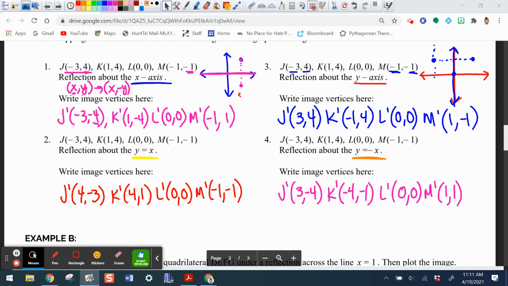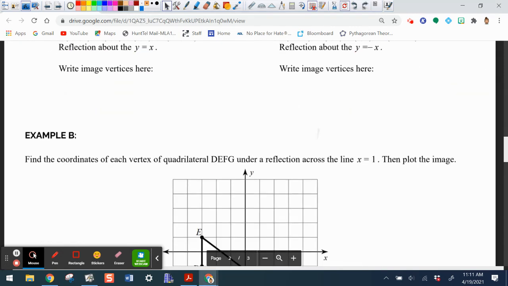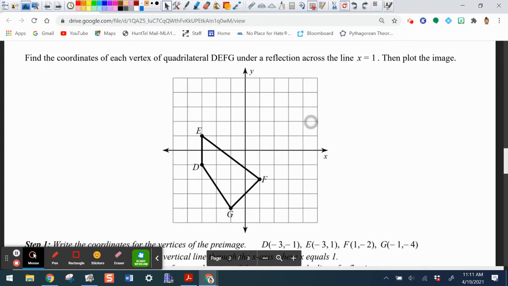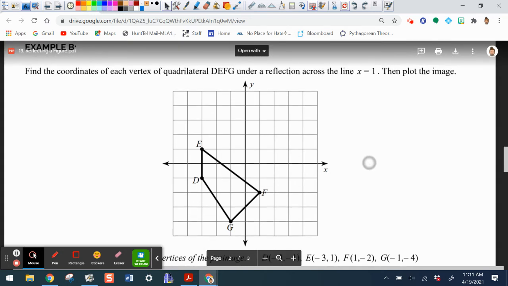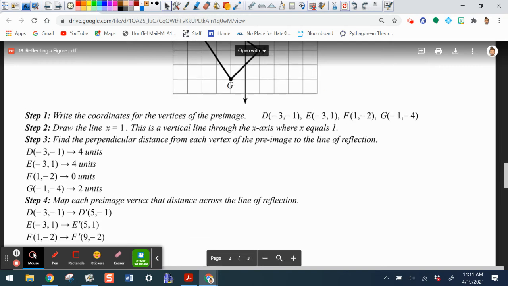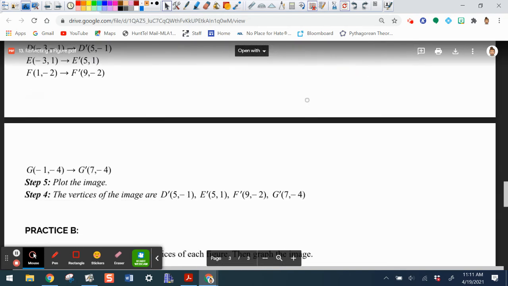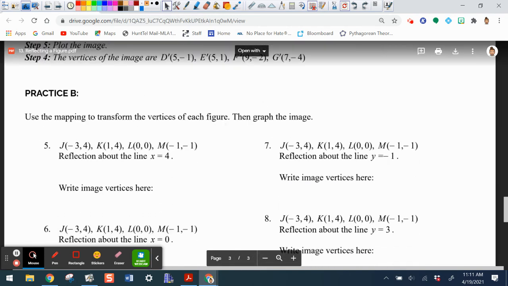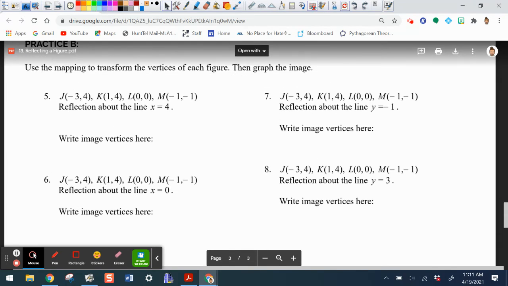Now, this concept of distance from the line of reflection is really going to come in handy on this next set here. If you notice, even on the first example, they ask you to reflect across the line x equals 1, and we'll see some that have a y equals as well. So these functions that we're about to see don't necessarily have a function notation for them.